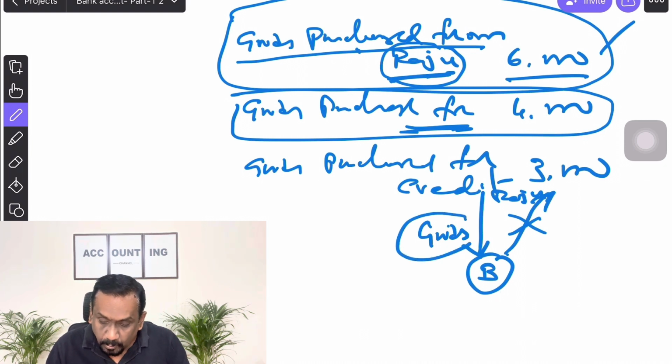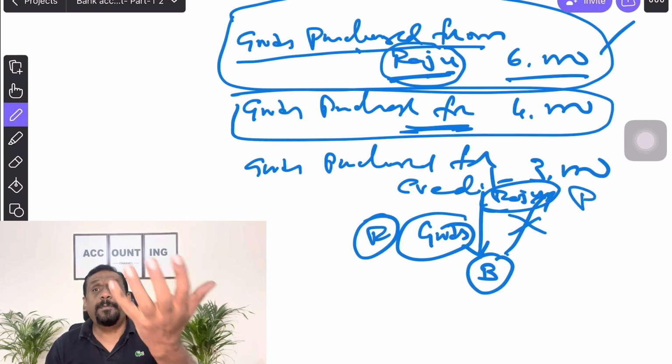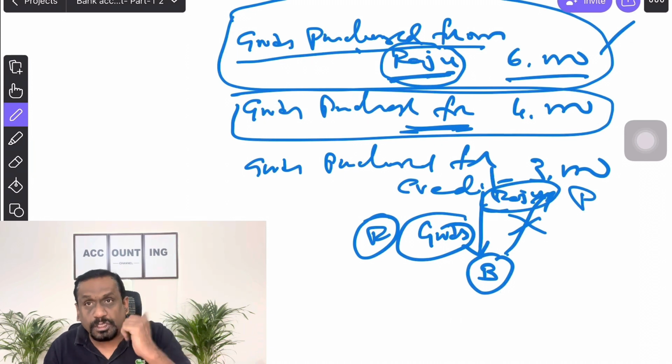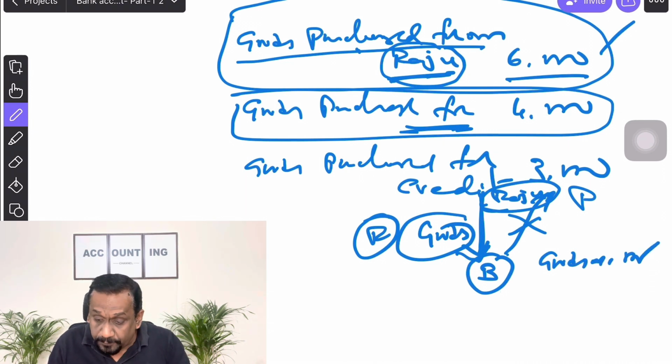Now, you tell me, goods comes under real account, Raju comes under personal account. Clear? Real account principle, debit what comes in, credit what goes out. Here what is coming? Goods coming in. So, goods account debit. Instead of debiting goods, since it is a purchase, you can debit purchase account.